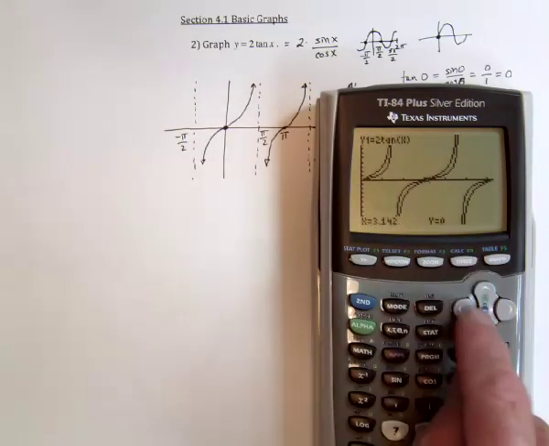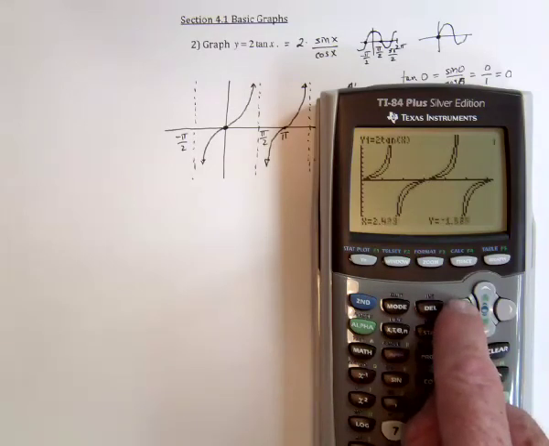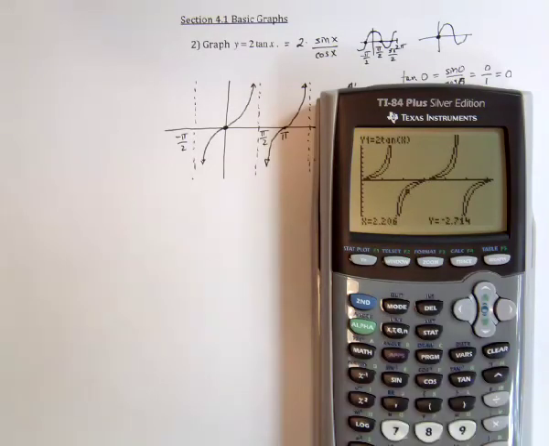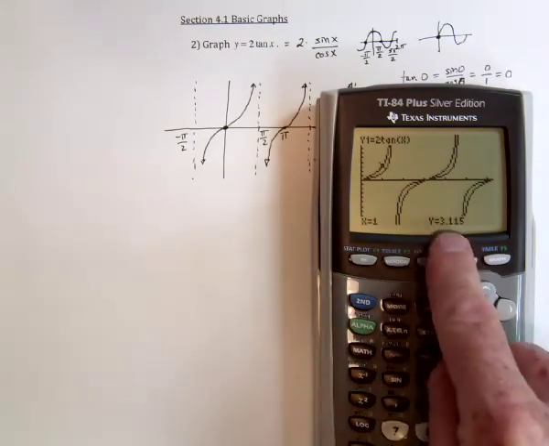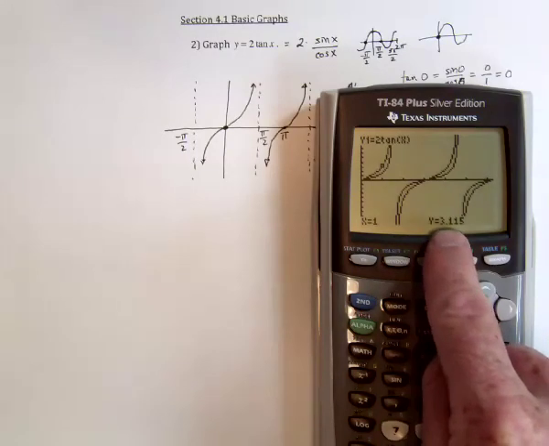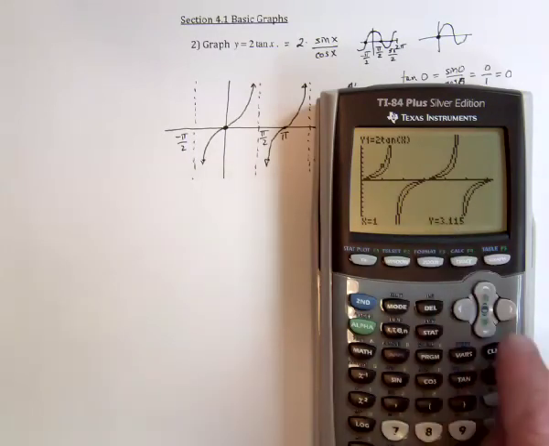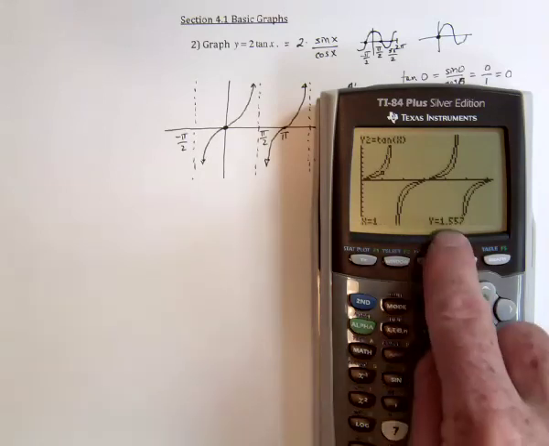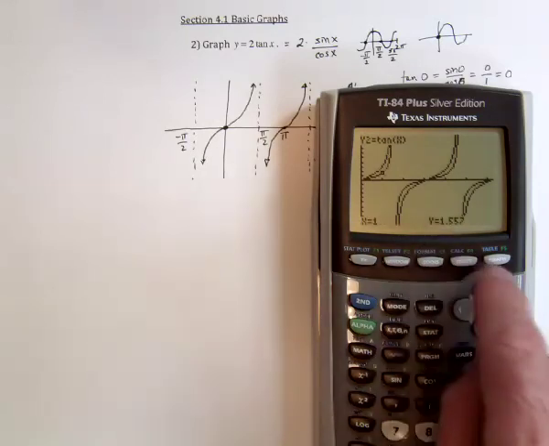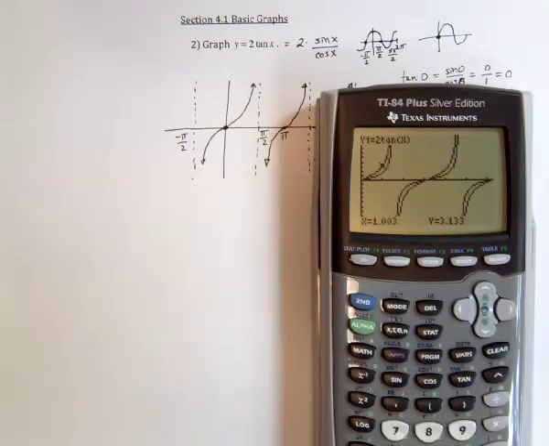And if you compare, for example, right here, when I plug in x equals 1, for the one that said 2 tangent of x, I've got a 3.115. And if I jump down to the other one, it's only a 1.5. So that one is twice as tall.